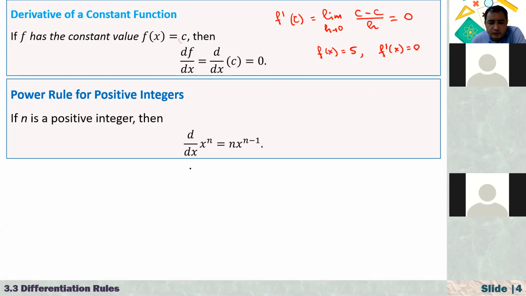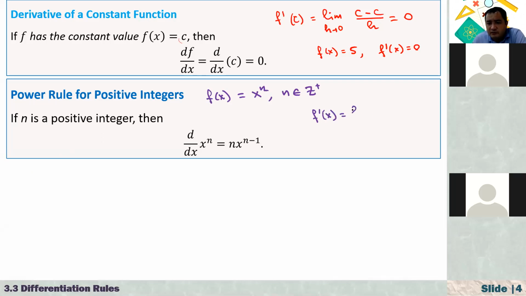To calculate this derivative, I'm going to use another form. Suppose we are talking about the function f of x equals x to the power of n, where n is a positive integer, right? And I'm going to use this formula for f prime of x.